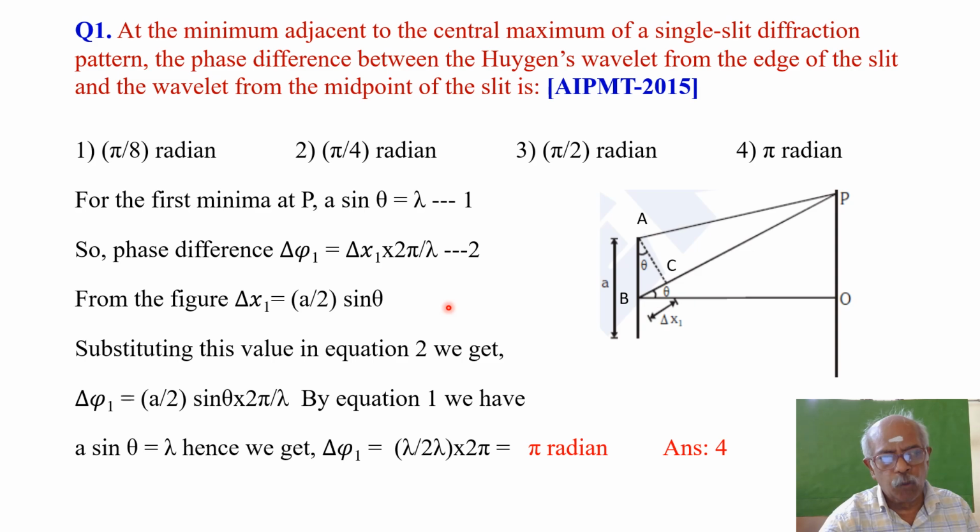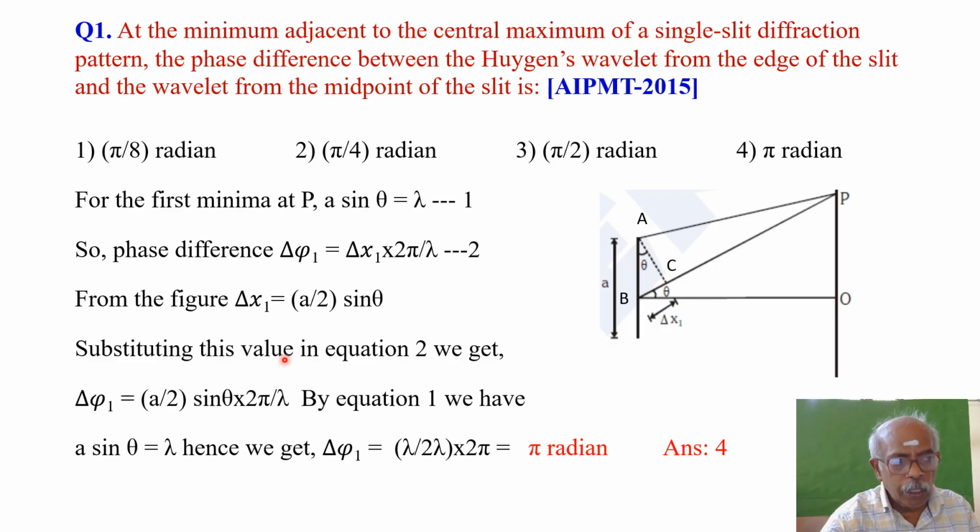This is correct. Okay. Now you can substitute the value of delta x1, that is a by 2 sin theta, in equation 2, because you are asked to find the phase difference. So delta phi 1 is equal to a by 2 sin theta into 2 pi by lambda. By equation 1, we already have a sin theta is equal to lambda.